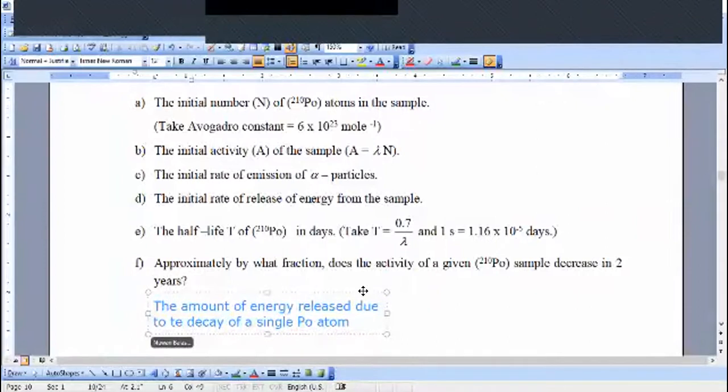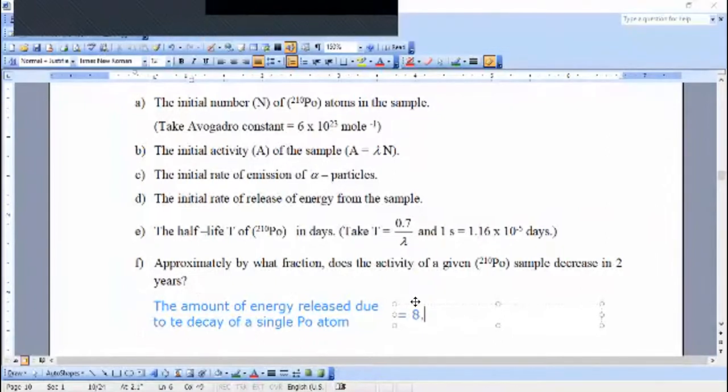The amount of energy released due to the decay of a single polonium atom is, as I remember, please tell me again here, is it 8.24 into 10 to the power minus 11? No, it's not the kinetic energy here. It is not the kinetic energy, it is the total energy released due to the decay of mass here.